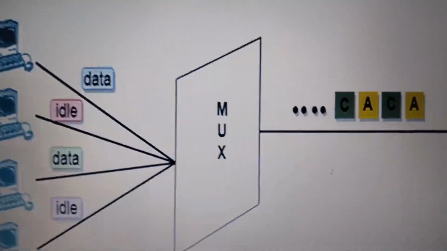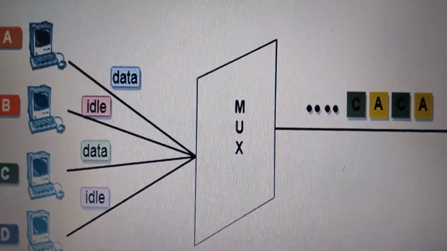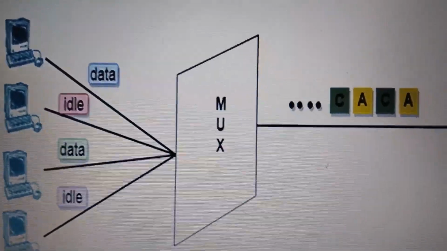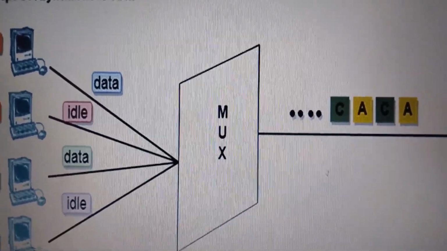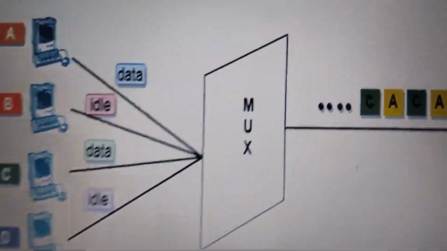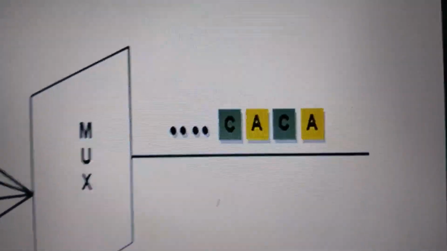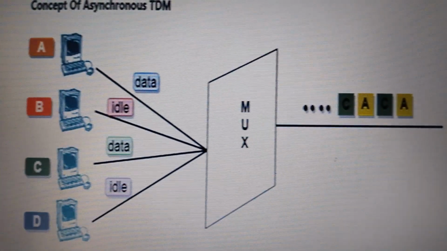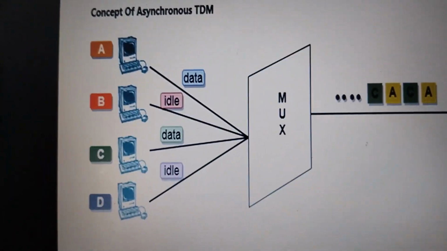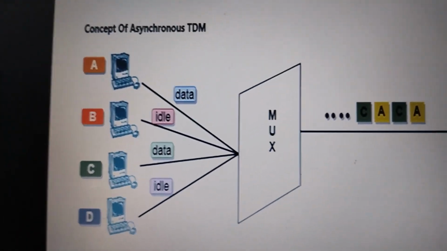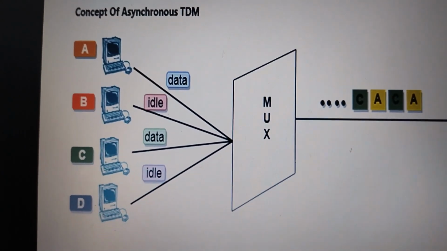After performing the multiplexing operation, how is the frame allocated? The first frame contains A. What about B? There is no data, so it is not allocated. Next, C contains data, so C is allocated. And what about D? D does not contain any data, so it is not allocated.